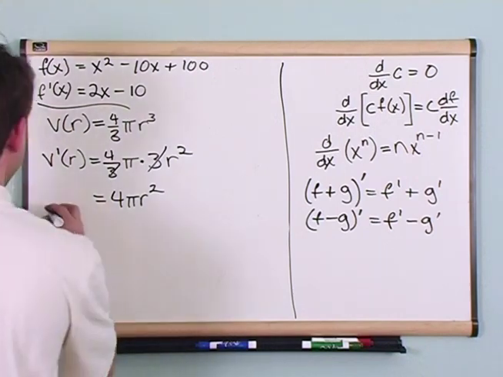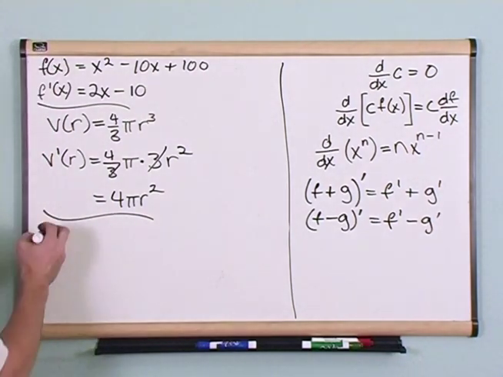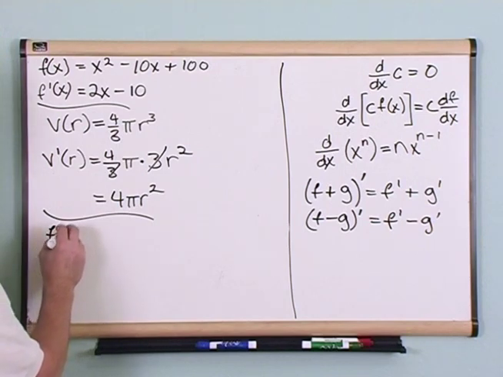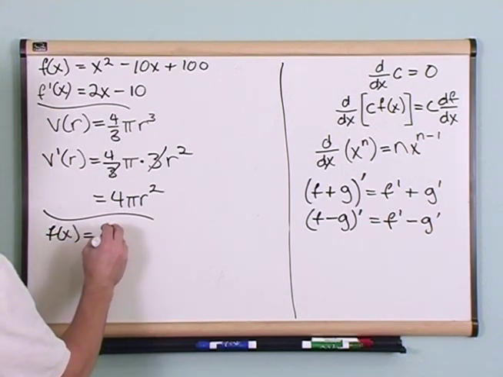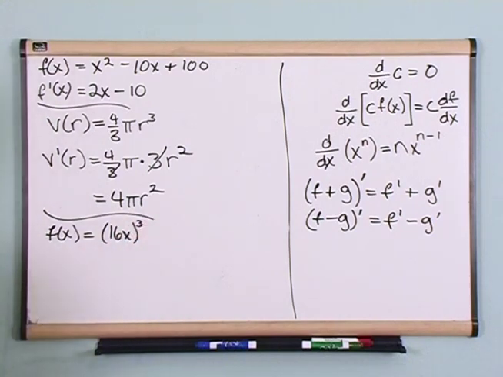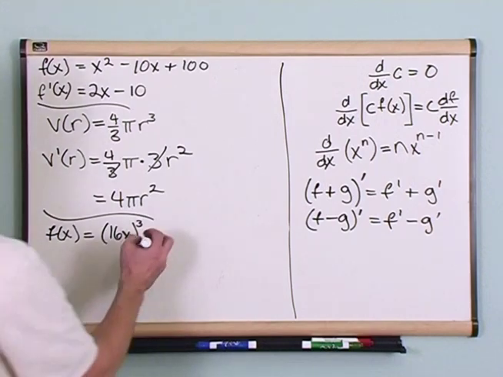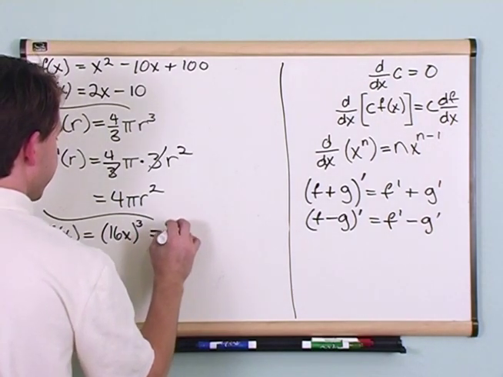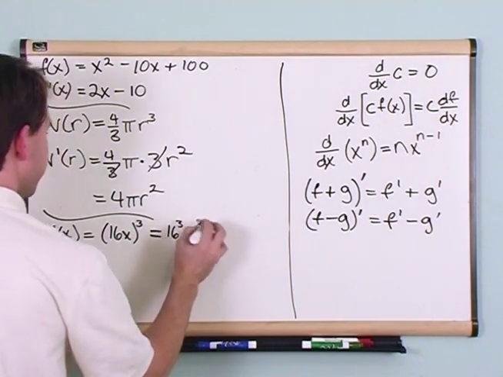Now what if you had a problem like f of x is equal to 16x to the third power, all wrapped up here in the exponent? Well, the way I would tackle that is I would say, well, that's 16 to the third times x to the third, right?